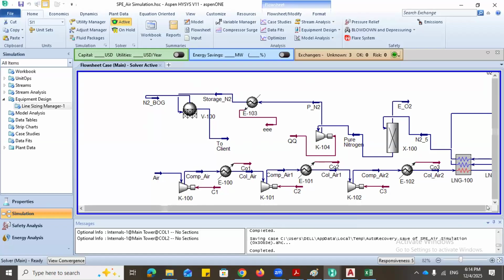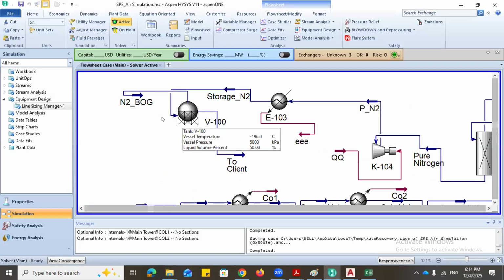We'll now implement them. For example, look at the storage tank, right? As the nitrogen is going in here, there is a space, and in this space we are going to have some gas. There is a time it's going to get to where we have to flow it out.